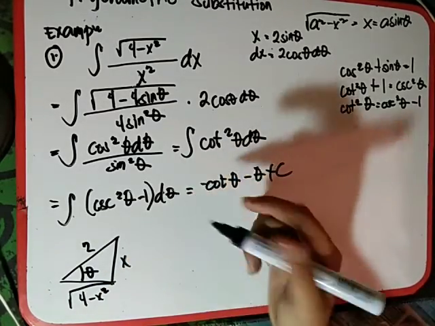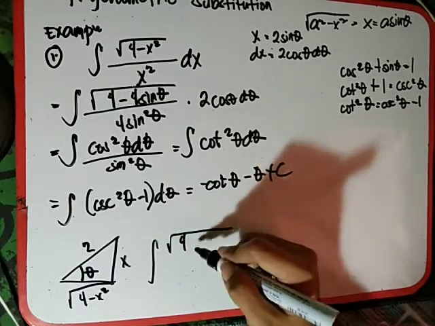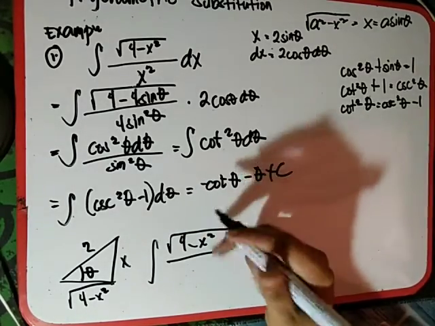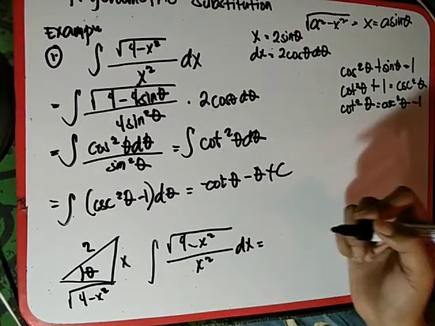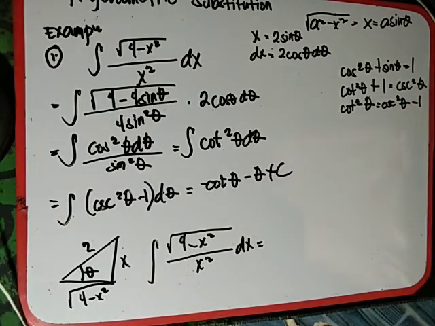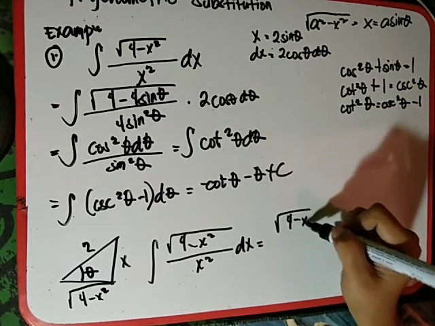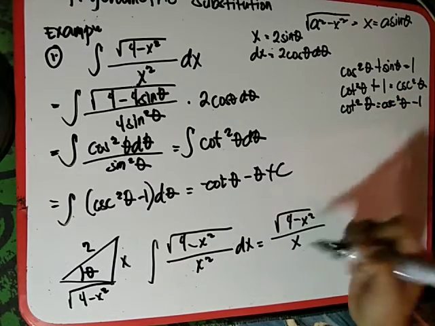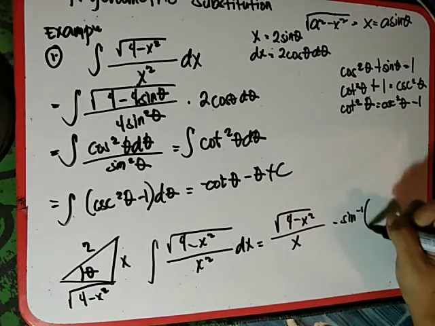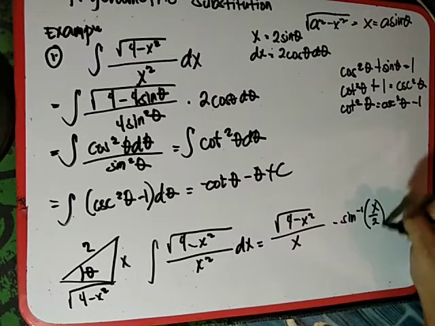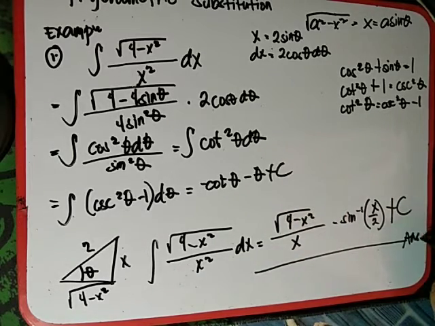So we have the integral of square root of 4 minus x squared over x squared dx is equal to negative square root of 4 minus x squared over x minus sine inverse of x over 2 plus c. So this is the final answer.